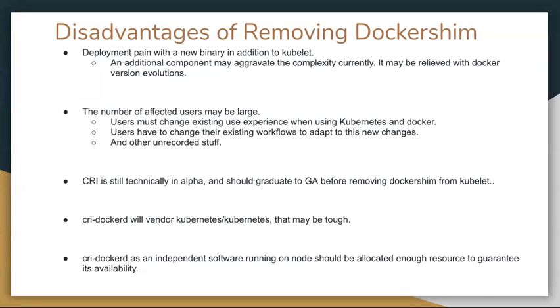Because it's an independent component, it will be consuming resources like CPU and memory from the system, right? So you will have to allocate enough resources to your server in order to run this extra component, CRI Dockerd. This is another disadvantage.